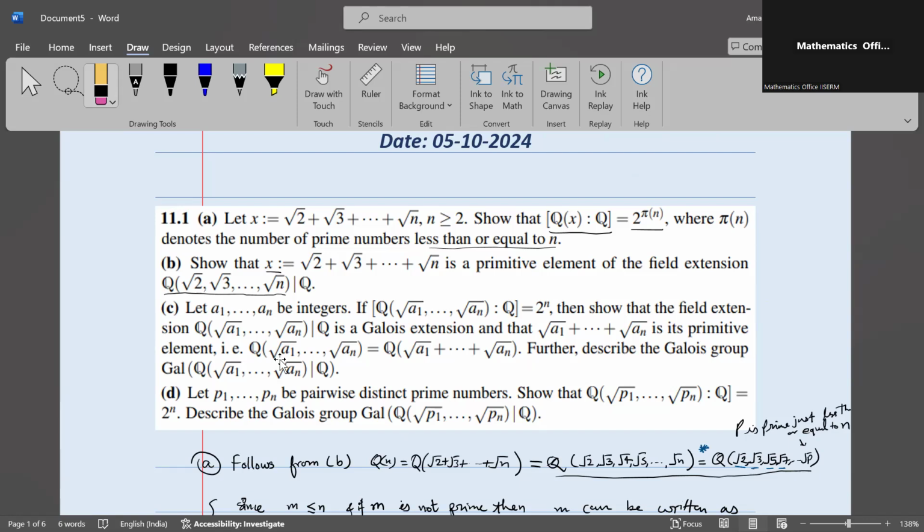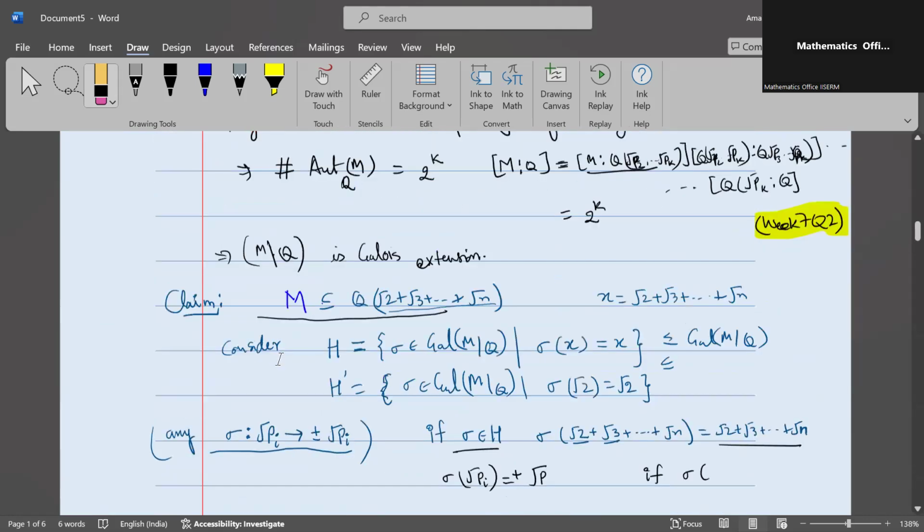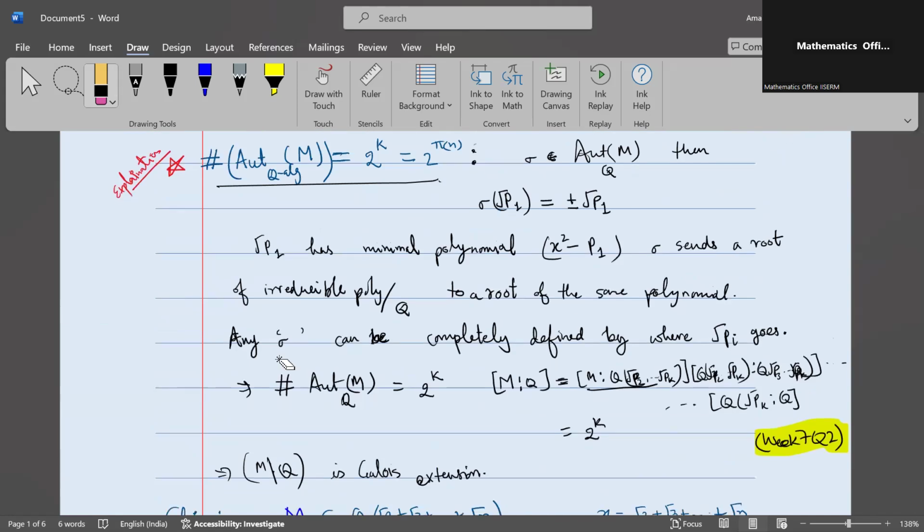Further describe the Galois group. The Galois group we already described. We can just define where root pi goes; these two choices we have. So what is the Galois group here, this automorphism group?